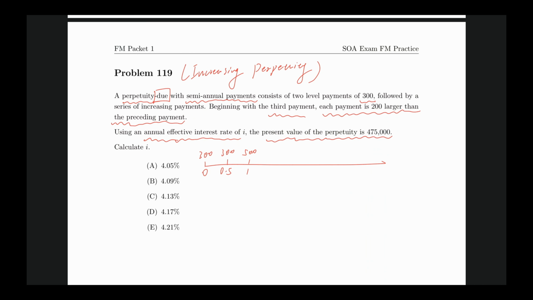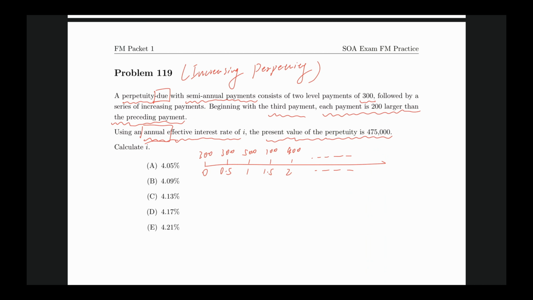Half a year later, I'll get 900. And it goes on. And we know that if I convert everything back to time zero, the PV of all of these cash flows will be exactly 475,000. And we want to determine the effective interest rate annually.